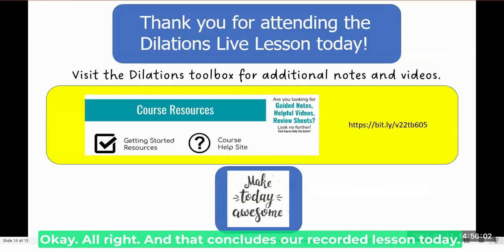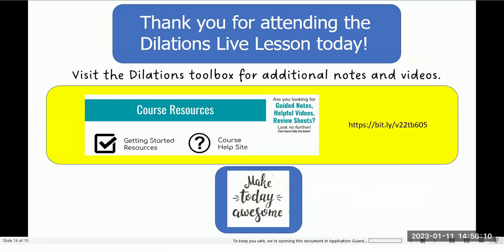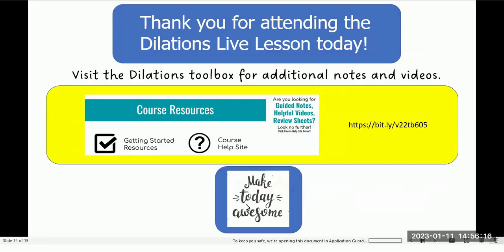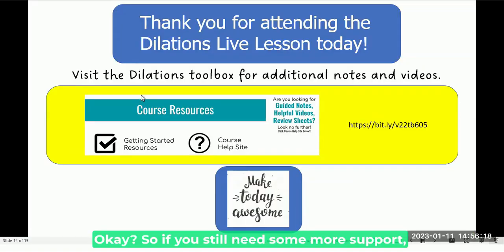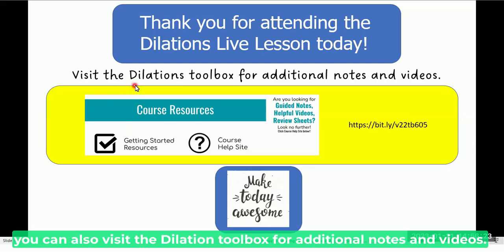Okay. All right. And that concludes our recorded lesson today. I am so glad that you joined me. I hope you learned a lot. Let me just go over a couple things real quick before you leave. If you still need some more support, you can also visit the Dilations Toolbox for additional notes and videos.